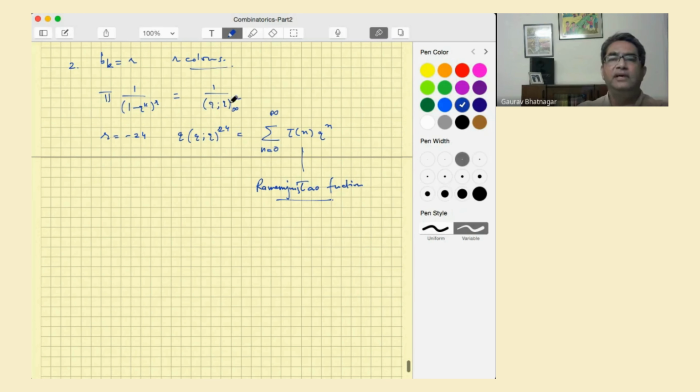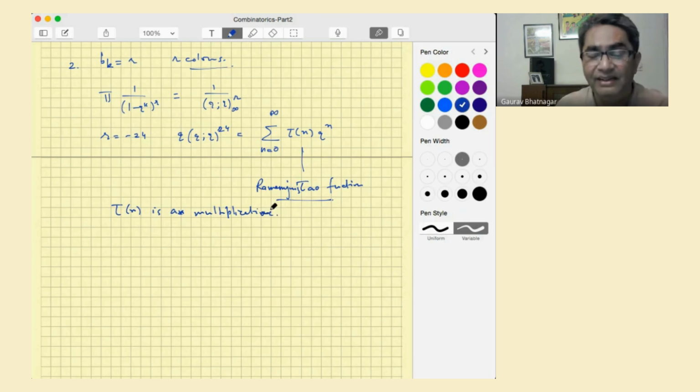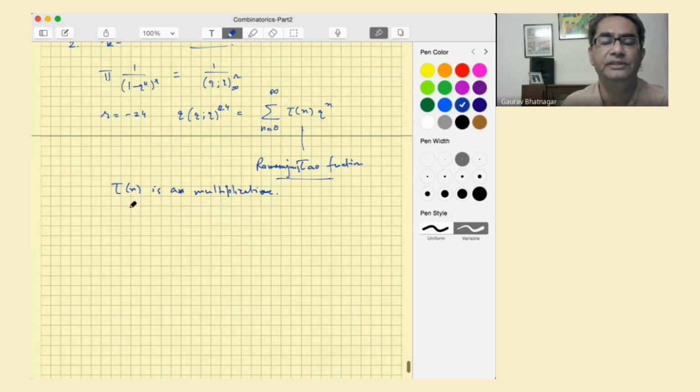Okay, so this function tau of n, Ramanujan worked on it and he made several conjectures. So tau n is multiplicative. Ramanujan conjectured that it's a multiplicative function, so it's a number theoretic function.